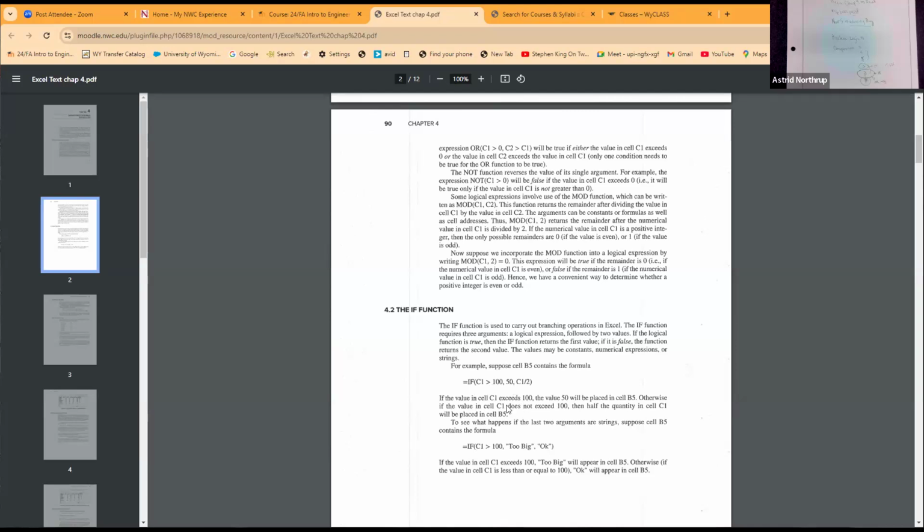Otherwise, which is the comma, you take the value if it doesn't. So if it did not exceed 100, so this is greater than 100, right? That means if that cell was 100, it would not meet that criteria. It has to be 100 and a little bit incrementally larger. So then it would be C1 divided by 2.